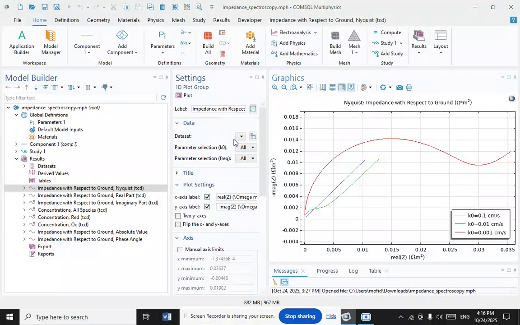Each process exhibits a different time constant according to the given set of data. The time constants and the characteristic frequencies shown here, for the charging and discharging of the electric double layer, the Faraday reaction and diffusion are 0.04 milliseconds, which means 4.1 kilohertz, and 0.51 milliseconds, which means 310 hertz, and 0.41 second, which means 0.4 hertz, respectively.